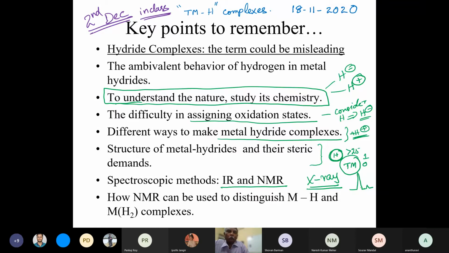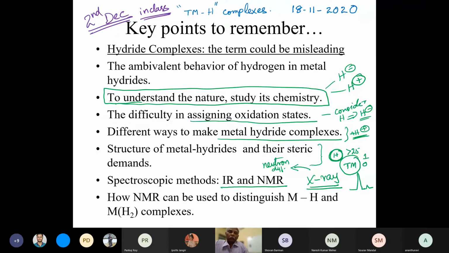So the ability of the X-ray diffraction technique to detect the hydrogen is very poor, and so one has to resort to neutron diffraction if one wants to study the crystallographic structure of a metal hydride complex.